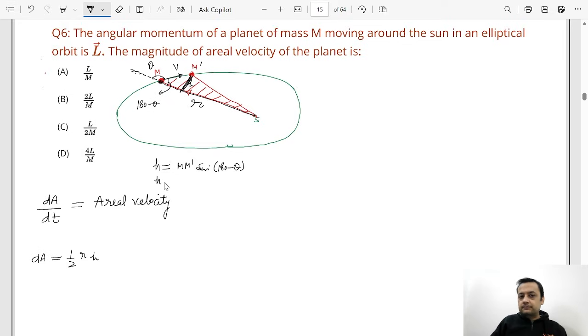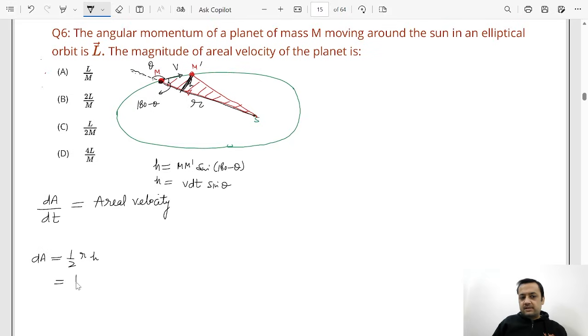MM dash can be written as v dt, because this is the distance traveled by the Mars in dt time. So v dt sine 180 minus theta can again be written as sine theta.